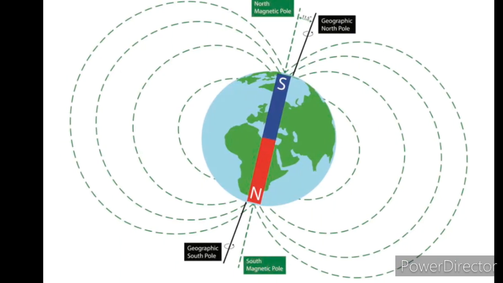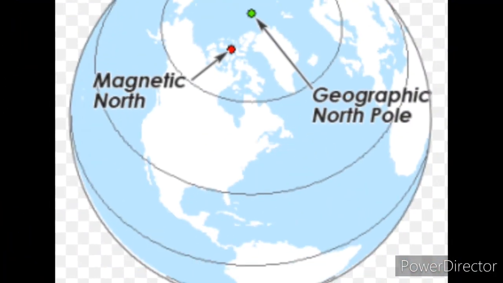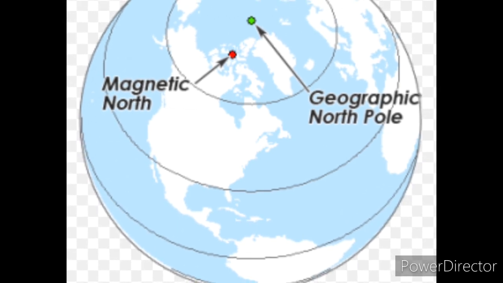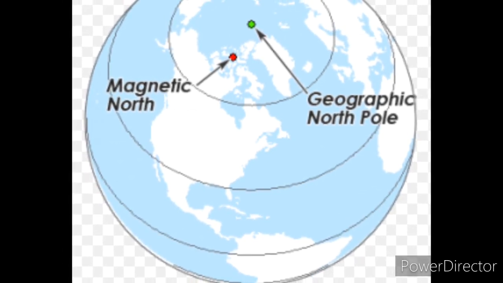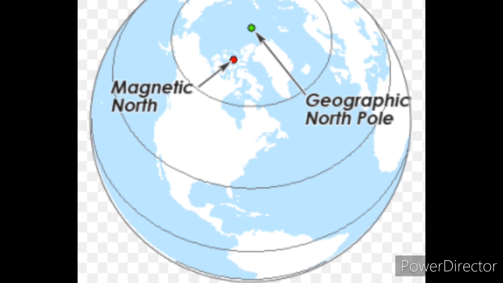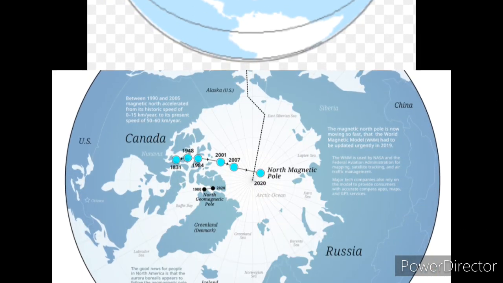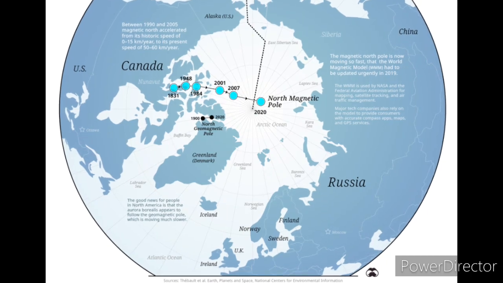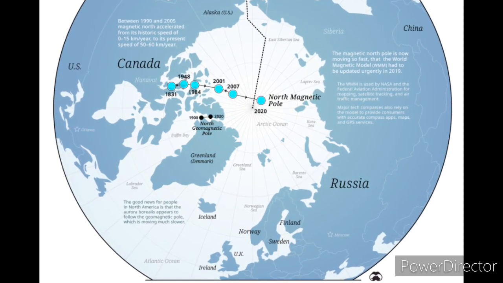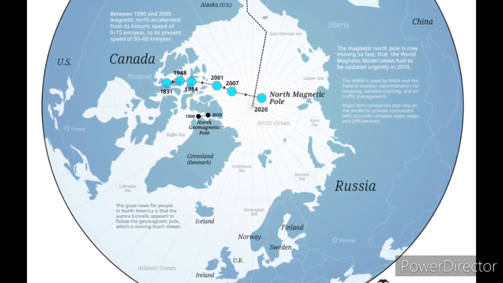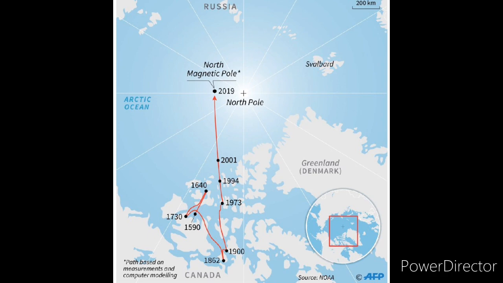While a compass is a great tool for navigation, it doesn't always point exactly north. This is because the Earth's magnetic North Pole is not the same as true north or the Earth's geographic North Pole. The magnetic North Pole lies about 1,600 kilometers or 1,000 miles south of true north in Canada.